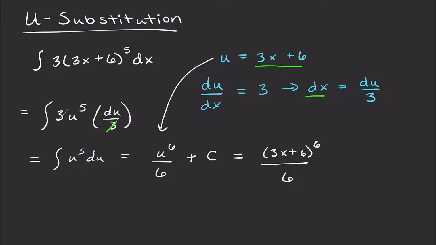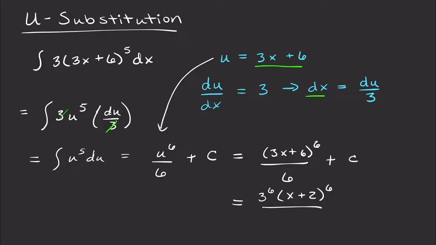If you wanted to simplify this even further, you could do that by factoring out a 3 from each of these 3x plus 6 terms. If you do it 6 times, you end up getting 3 raised to the 6th times (x plus 2), since you factored out the 3, over 6.